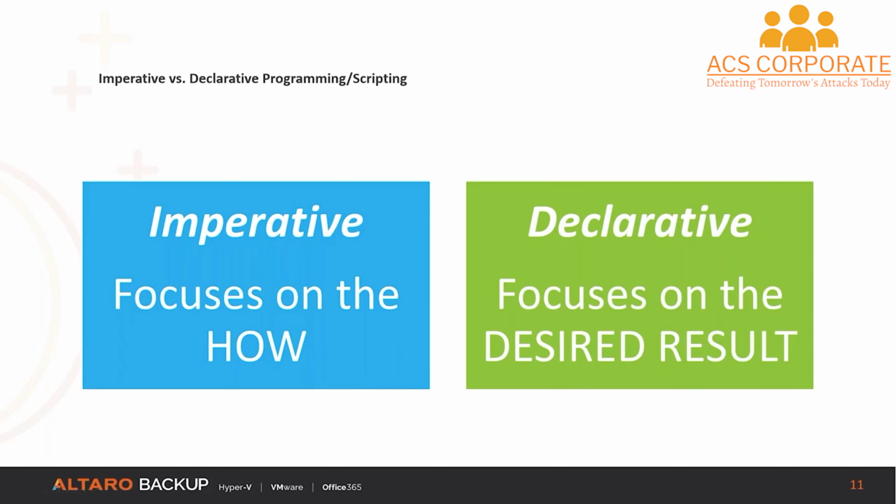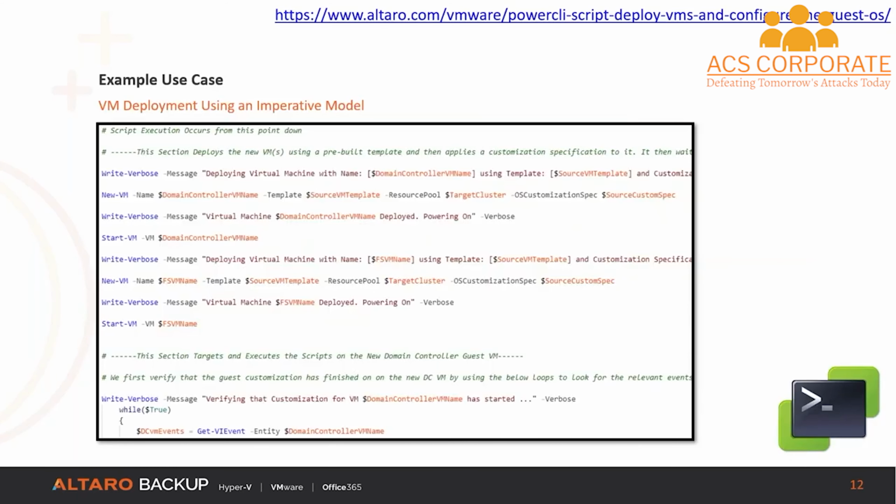And then in the age of the cloud, we've started getting more towards the declarative side. Now, one thing I wanted to leave you with before we switch over to Luke is an example of an imperative model, a script that takes that imperative model to the nth degree. This is an example of a script I wrote a year or two back.